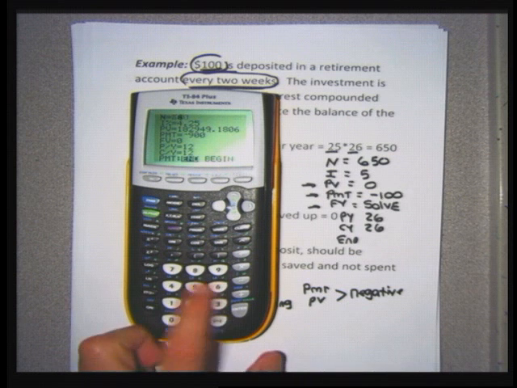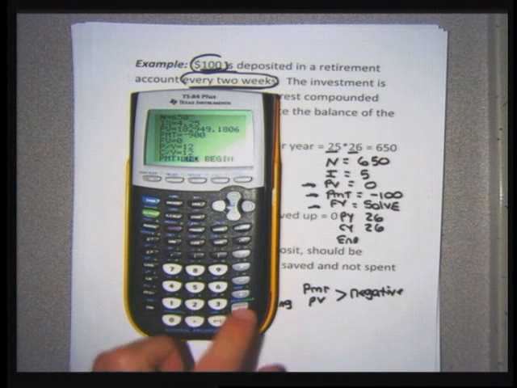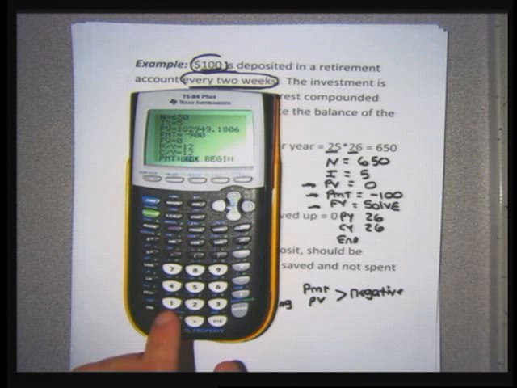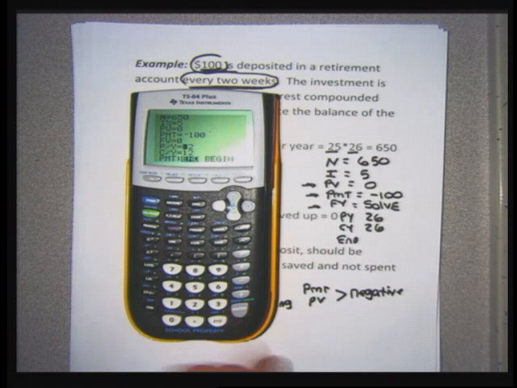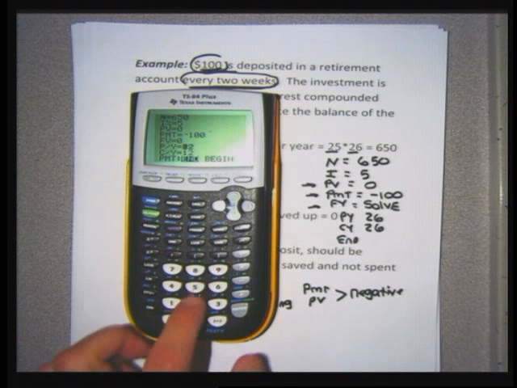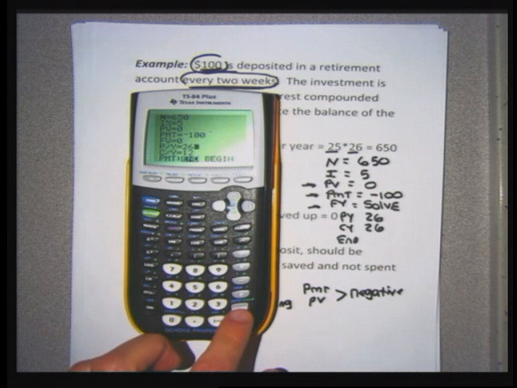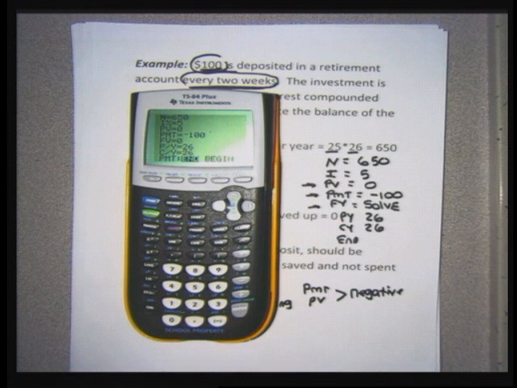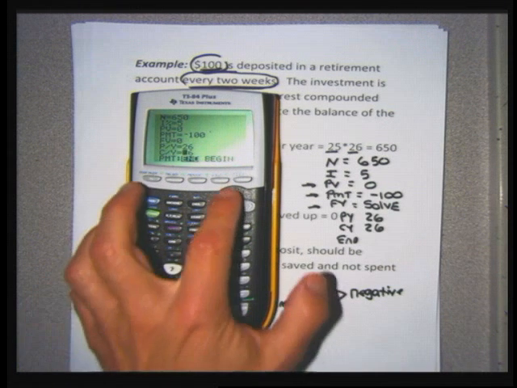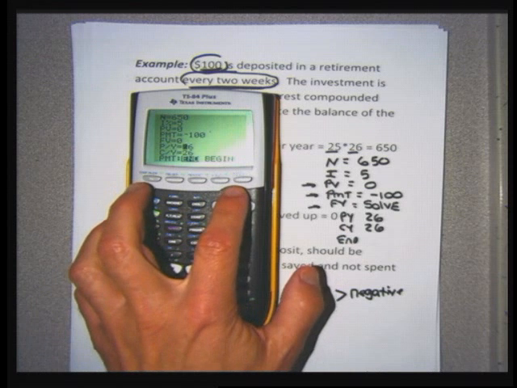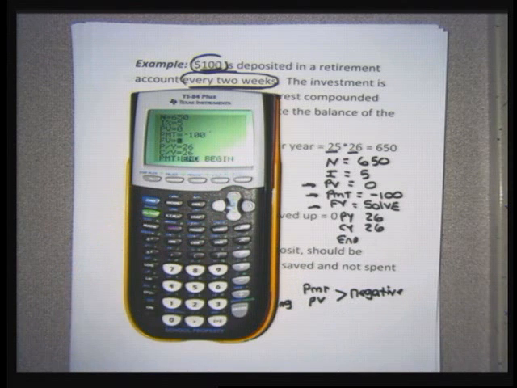Type in 650 for N, 5 for my interest rate, 0 for my PV, negative 100 for my payment. Move down to the PY. When I type 26 in for the PY and hit enter, it changes the CY for me. My calculator is just programmed to make those the same. You could override that by typing a different CY, but we won't have the need. We'll keep the PY and the CY the same to keep it as simple as we can.